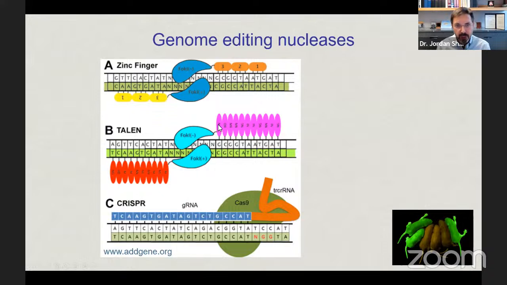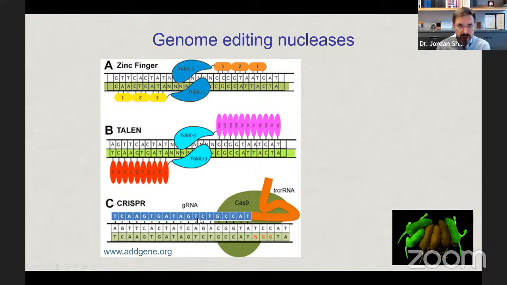TALENs, same thing, but each module binds to 1 base pair, and here's a string of 12, and here's a string of 12. So this is a recognition sequence of 18. This is 24 total, and that's good enough. Even in a genome of 3 billion base pairs, that's enough to find a unique site.